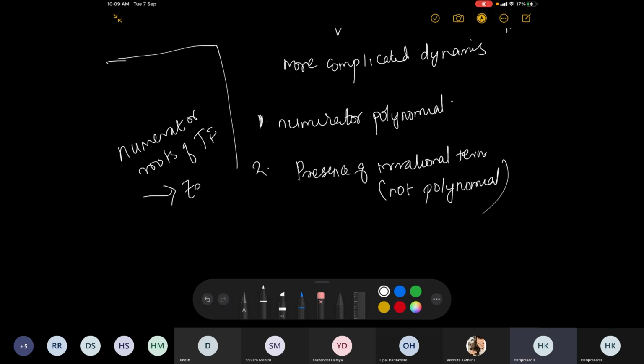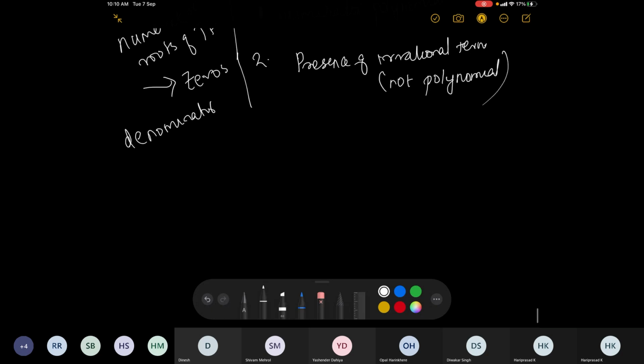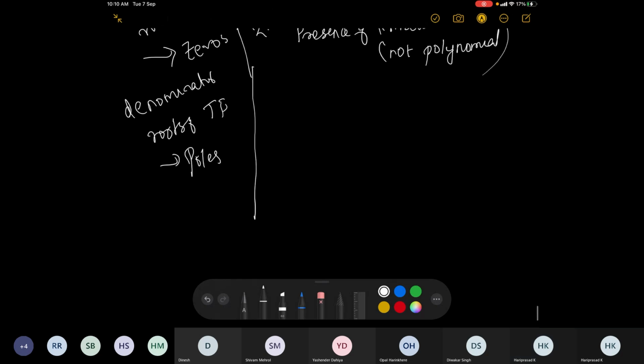That is called zeros. Okay, and denominator roots, that is poles. Okay, so numerator and denominator roots, and they have their own characteristics.